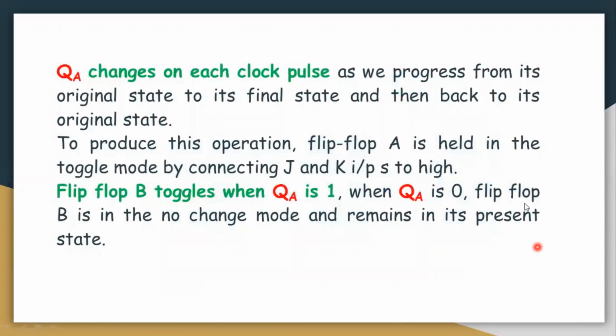Coming to the working of synchronous counter, QA changes on each clock pulse as we progress from its original state to its final state and then back to its original state. To produce this operation, flip-flop A is connected in the toggle mode by connecting J and K inputs to high.